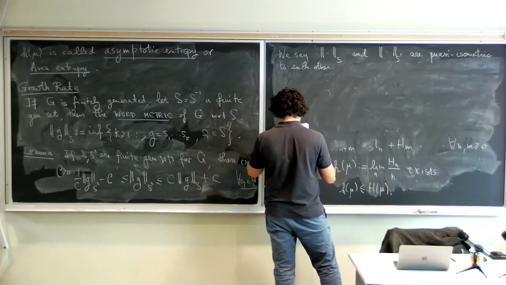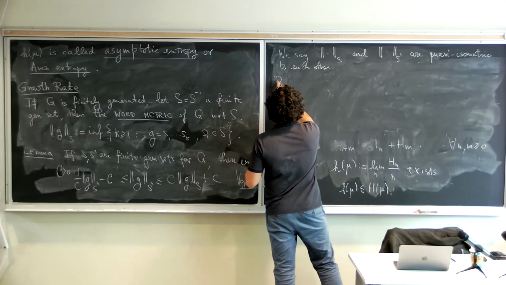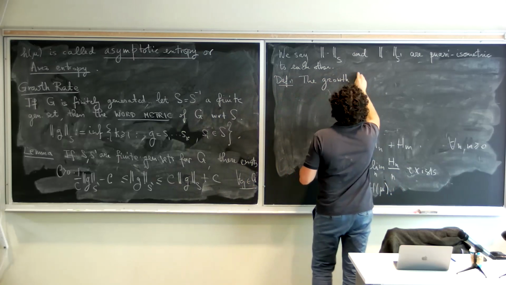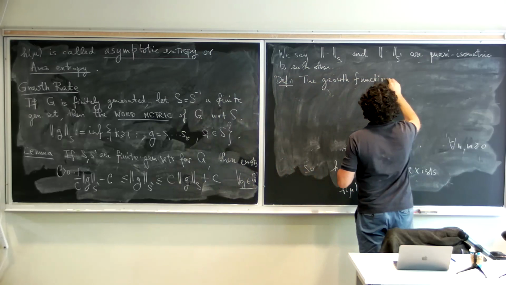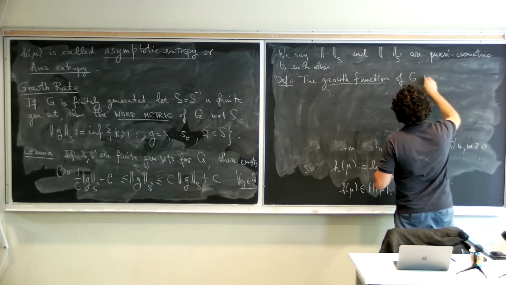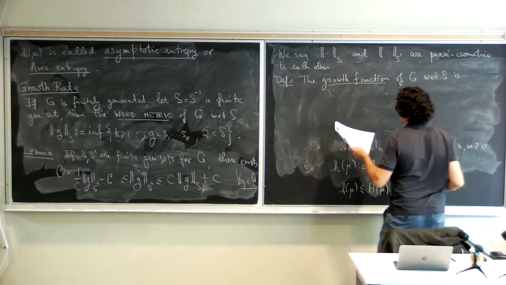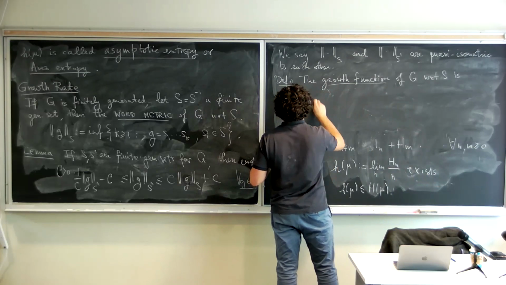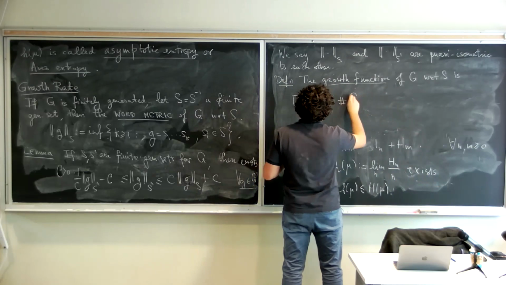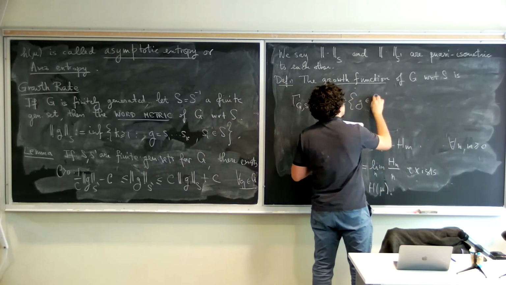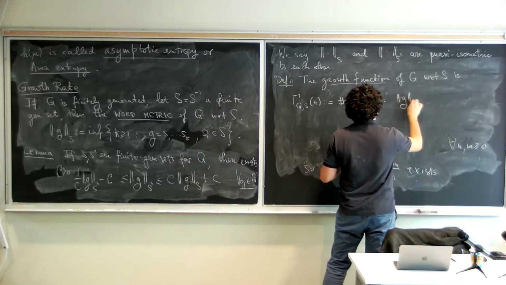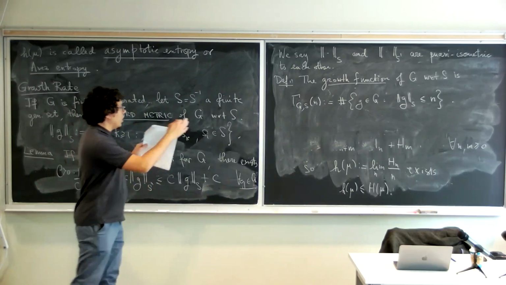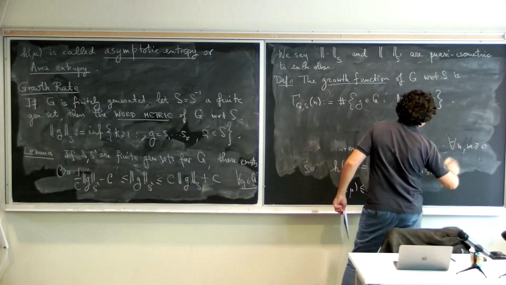So we define the growth function of G, again with respect to S: gamma_{G,S}(n) is the number of elements of g that have norm with respect to S at most n. It is the ball of radius n in this metric.